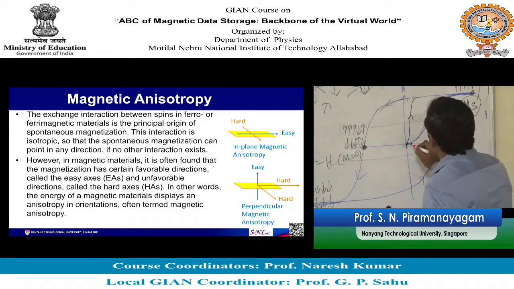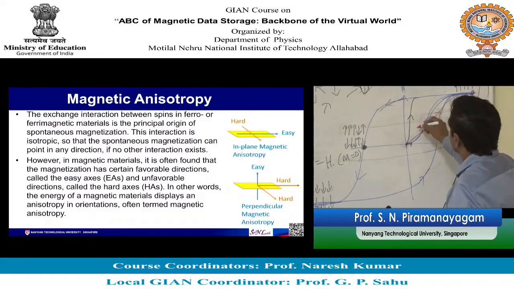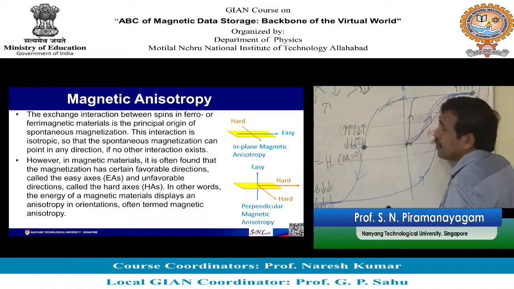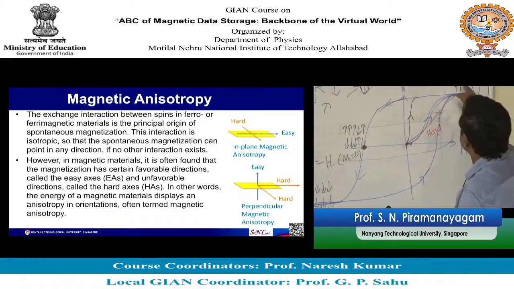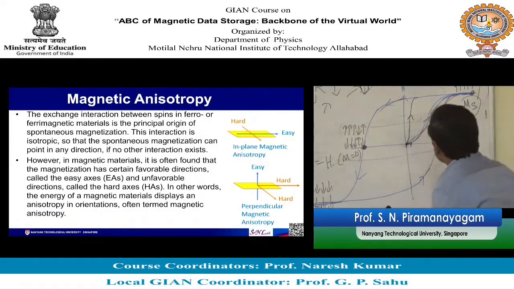Another possibility is, I apply some magnetic field, the magnetization is only here, I apply more magnetic field, it is like this, then slowly it is getting saturated. So, we call this as hard, which means we need more magnetic field to bring the magnetization higher, and this is what we call easy.